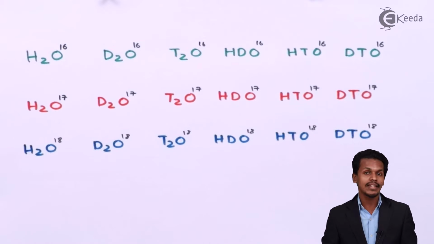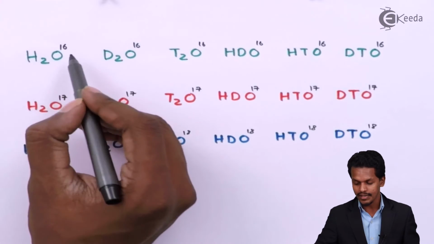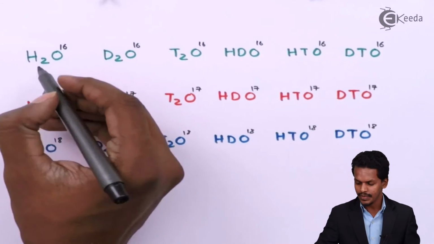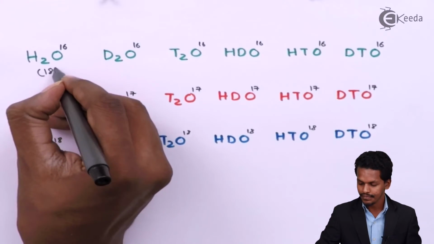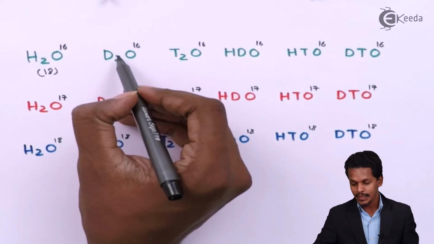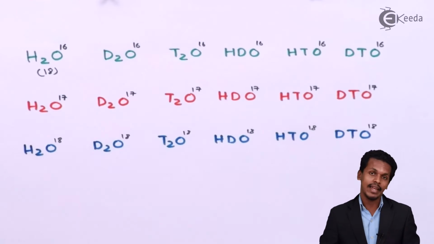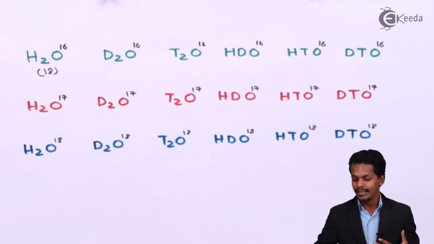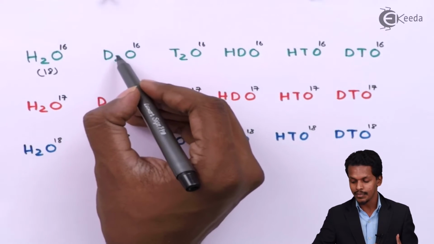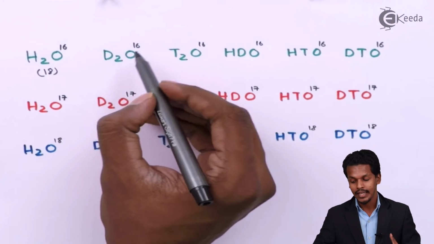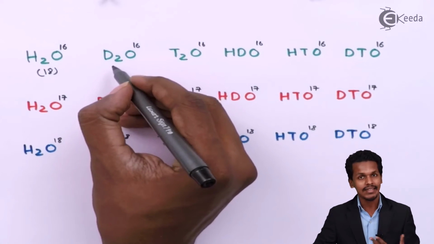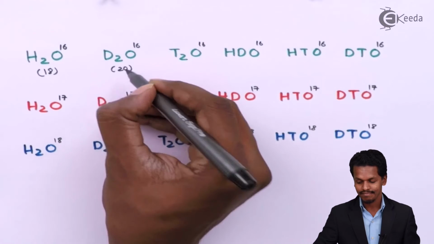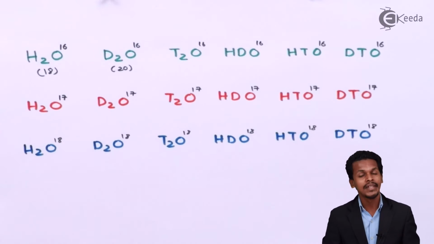So if we calculate the atomic mass number of H2O, it is found to be 18. But in this case, each deuterium atom has an atomic mass number of 2, so the total for 2 deuterium will be 4. So 4 plus 16, it is 20. So this is the atomic mass of D2O.